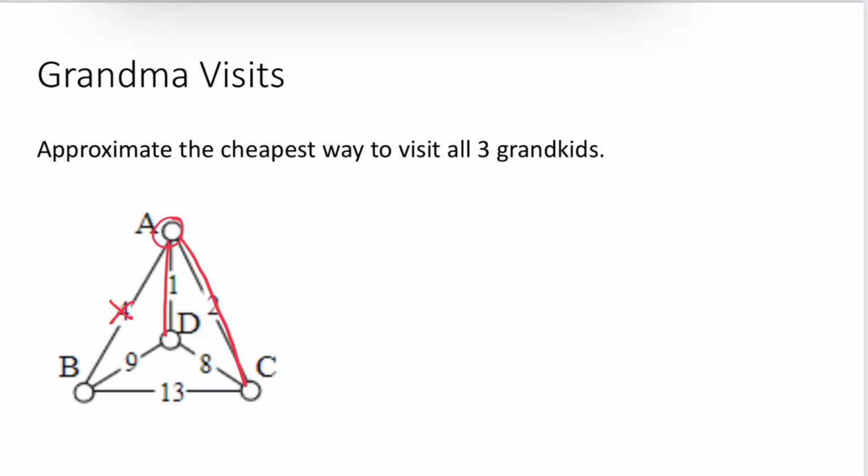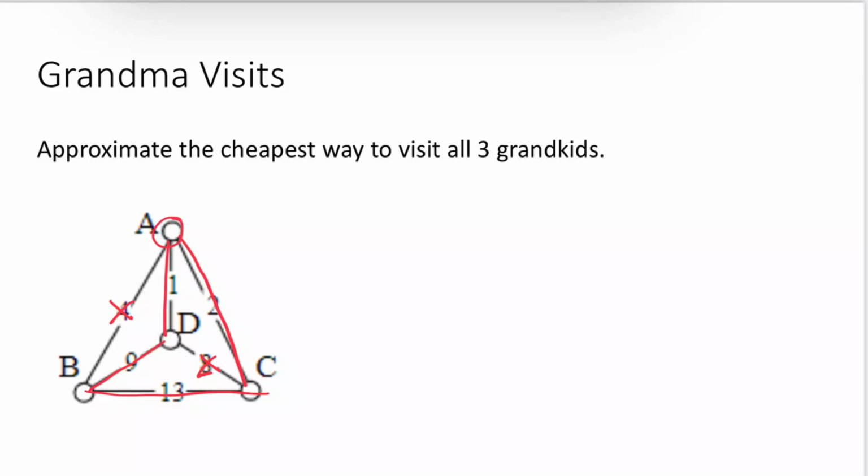So then I'll look for my next cheapest edge. And it looks like that is this one. But if I do that, that's going to close up my circuit before I've included all of the vertices. So I'm also not going to use that one. Then my next cheapest edge will be this one. And my next cheapest edge is this one. So the cheapest link algorithm would give me this Hamiltonian circuit.